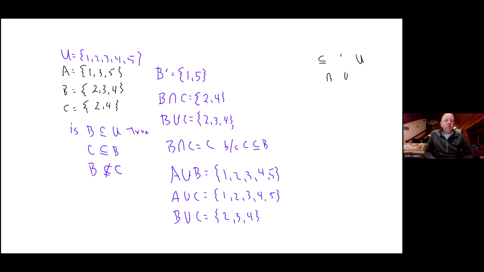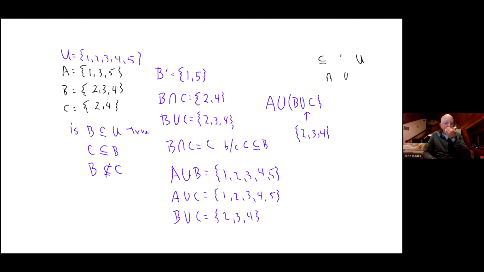Now you can also have parentheses. So let's say we have A intersection the union of B and C. So you might first want to figure out what is the union of B and C. Well, the union of B and C is 2, 3, 4, elements that are in either one or the other.